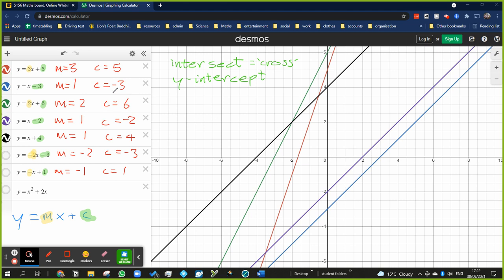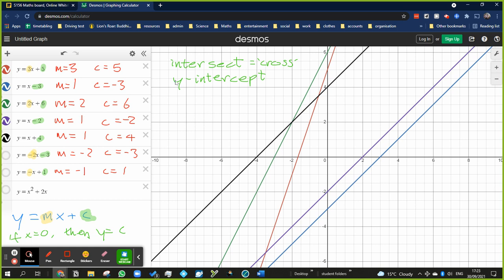So if x is 0, if you look at this general equation down here, then y would be m, whatever m is, multiplied by 0 plus c. So if x is 0, then y is equal to 0 times m plus c. So y is equal to c. So that's why that is, okay?